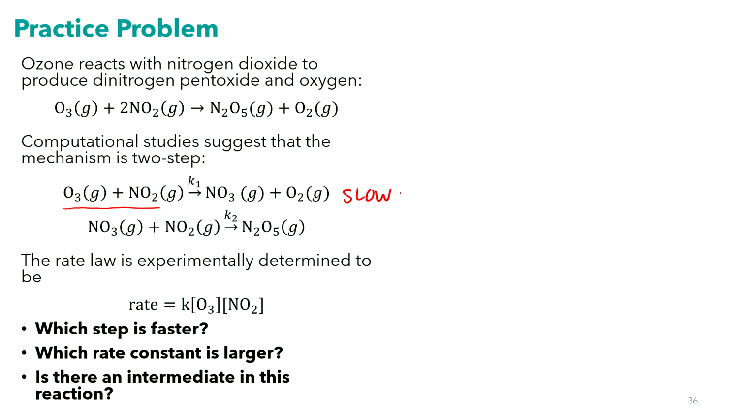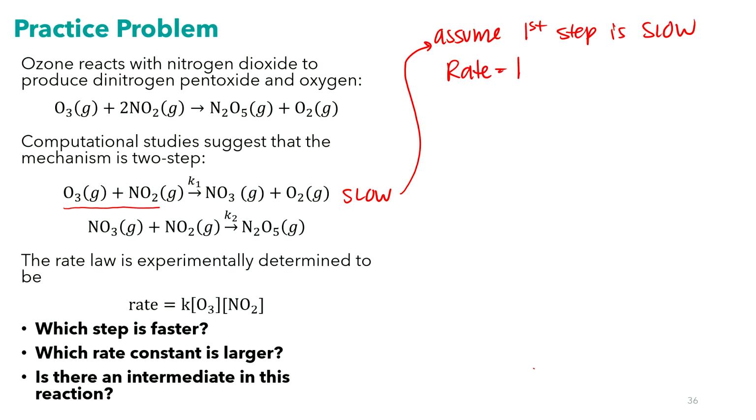So assume first step is slow, I get this rate law, that the rate equals K1, or some K value, times ozone times nitrogen dioxide. And that is the experimental rate law. So I stop there and I say, hey, the first step was slow, because that gives me the right rate law.